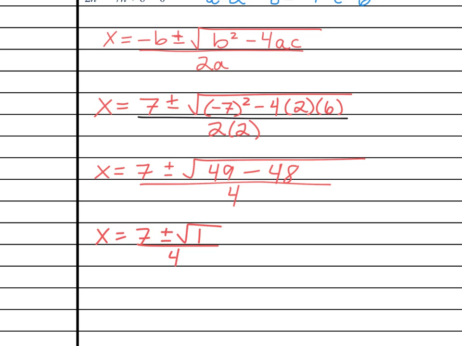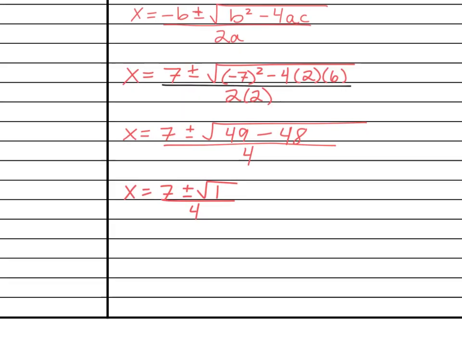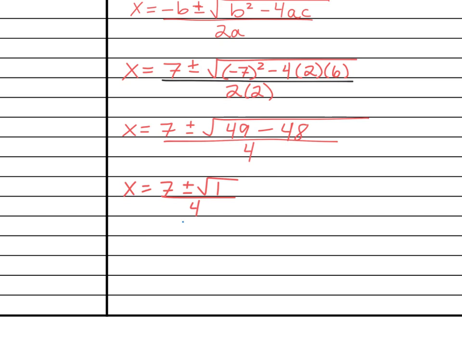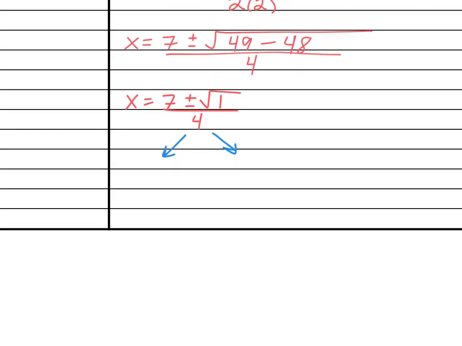We know the square root of 1, it is what? 1. So positive or negative. And it already pretty much does it for you. We are going to split this up into 2 parts then. X is equal to 7 plus 1 over 4, because it's positive 1 or negative 1.